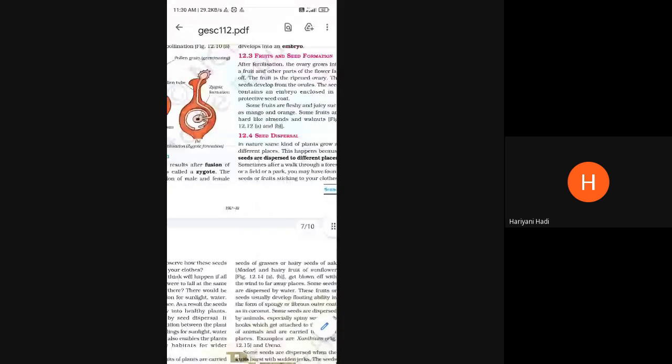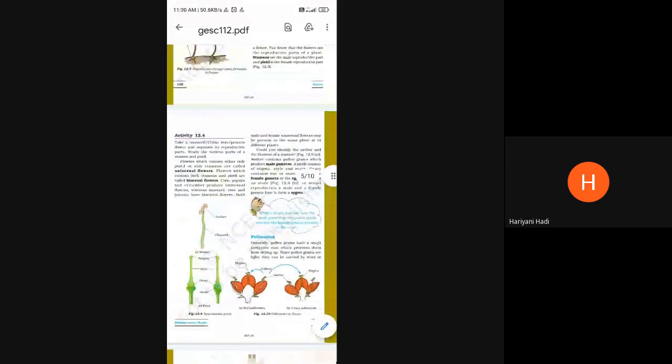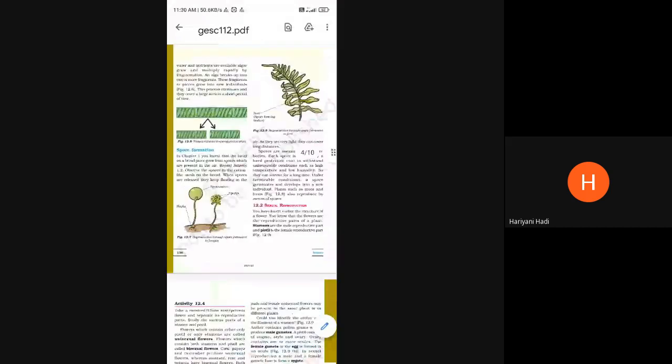Lesson number 12. We completed this 12.4 or not? Yes, we are here in the spore formation, page 138.